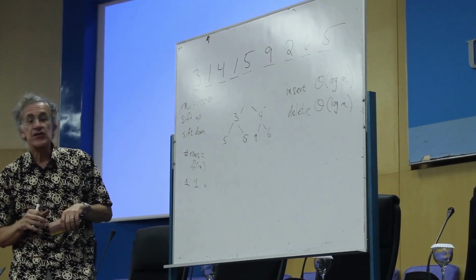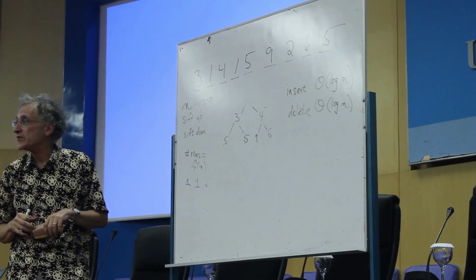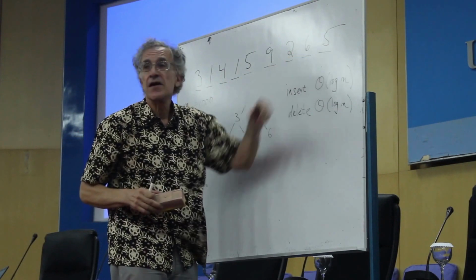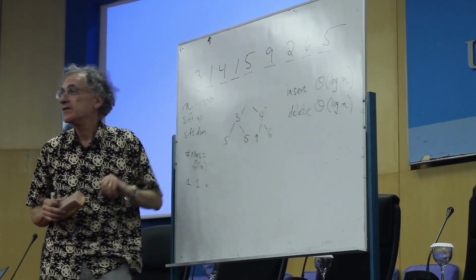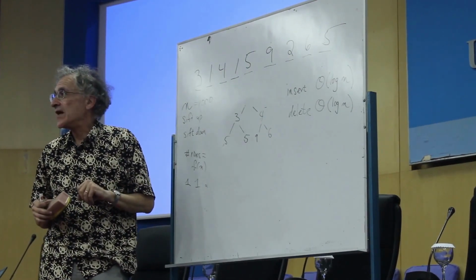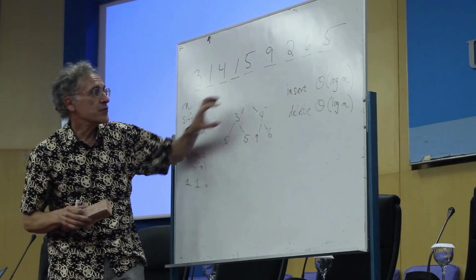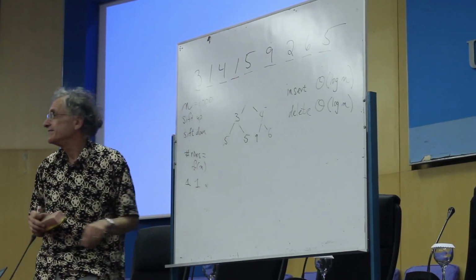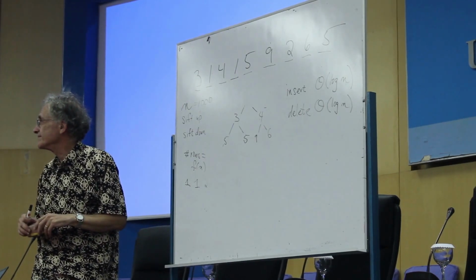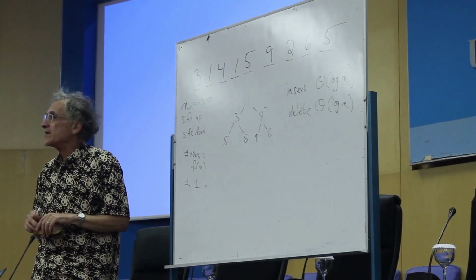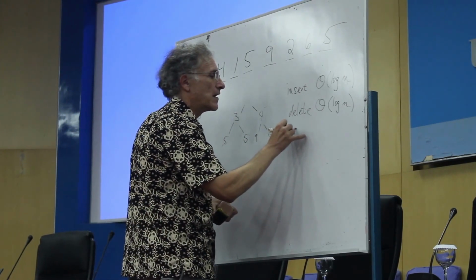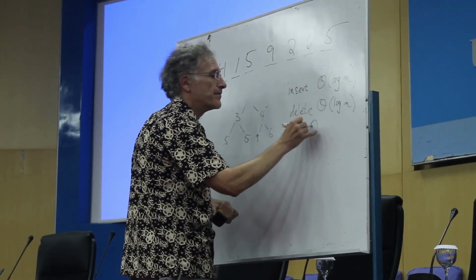Now, I can use this to sort numbers. I have many numbers. To sort them, I first build a heap. Then I take the numbers out of the heap. They come out in order. How expensive is sorting using this method?